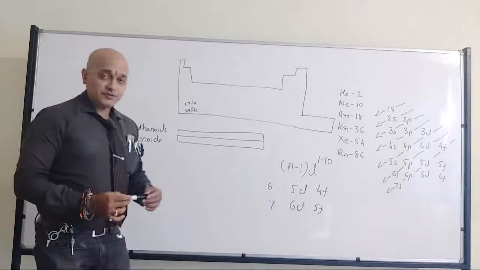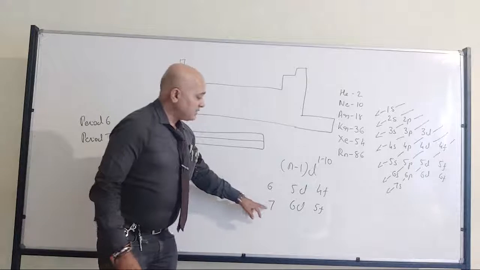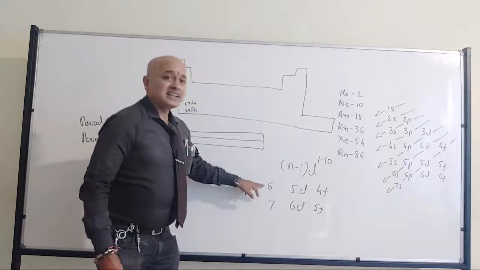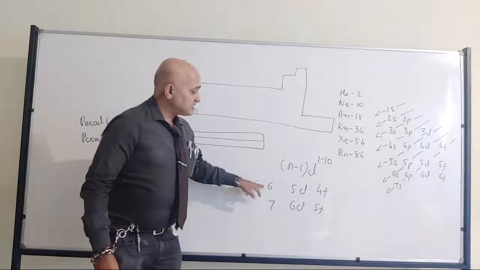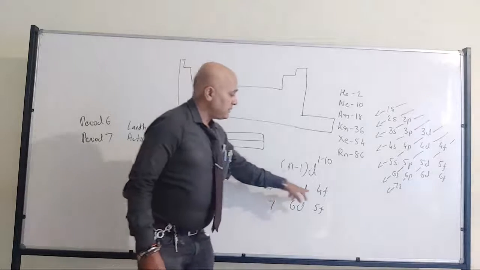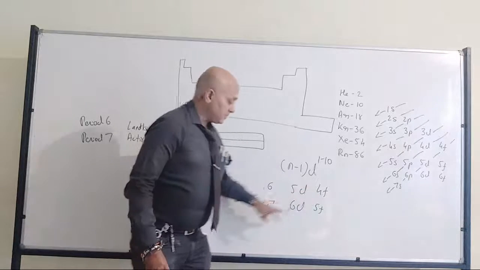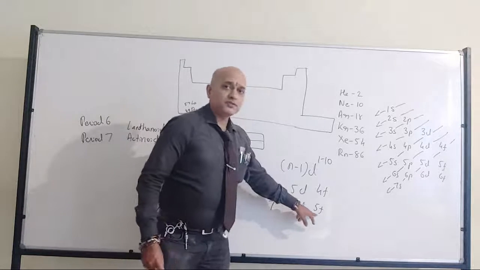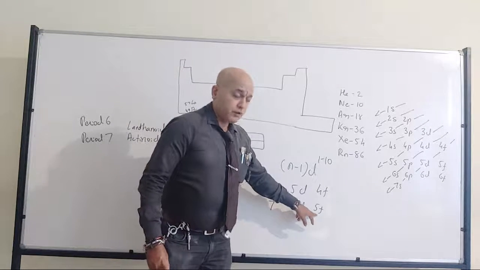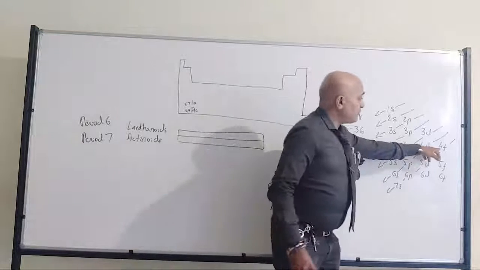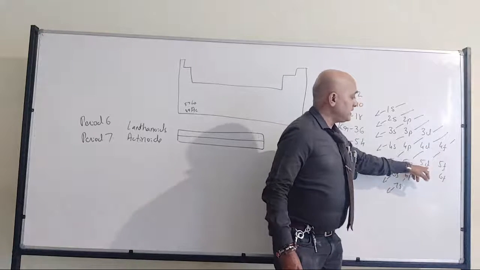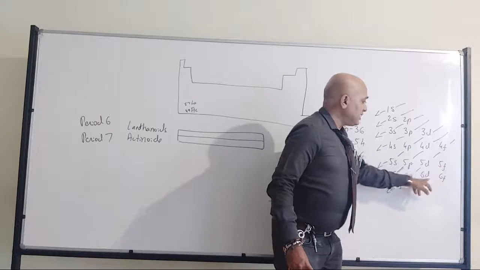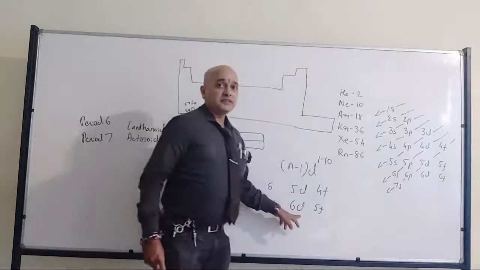So don't get confused. That's where I have period number 7 and period number 6. In period number 6, 5D should get filled up and 4F should get filled up. In period number 7, 6D should get filled up and 5F should get filled up. But the problem here is 4F will be filling up before 5D, and 5F will be getting filled up before 6D.